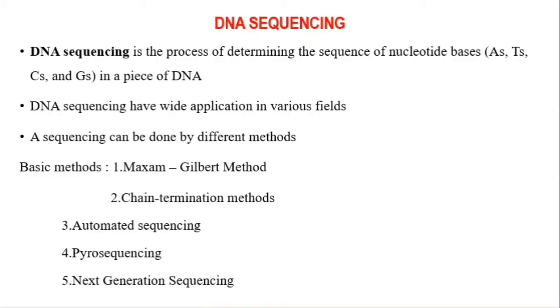In this video, I would like to explain the Maxam-Gilbert method and the chain termination method of sequencing. The modern technologies like automated sequencing, pyrosequencing, and next generation sequencing, I will explain in the next class.